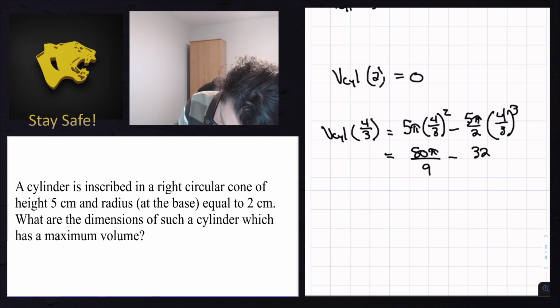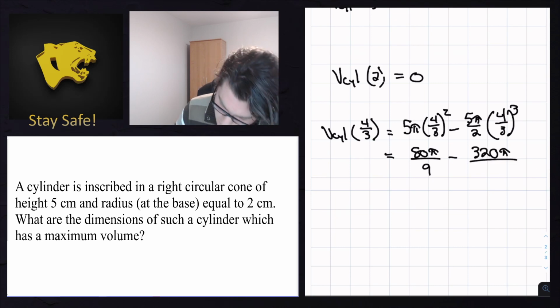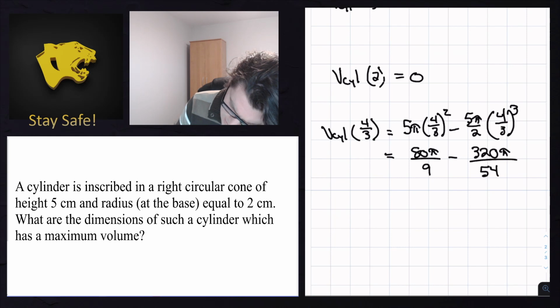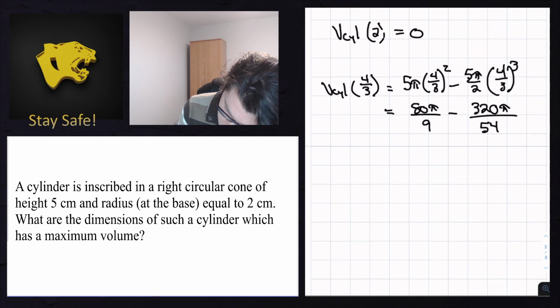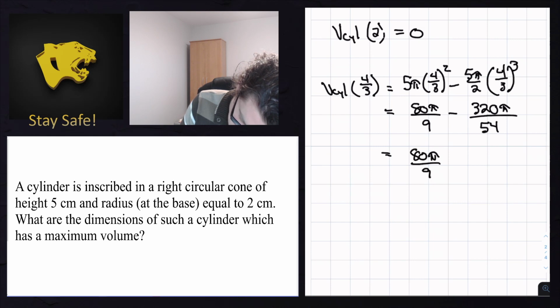So I think it's 320 pi over, and then 3 cubed is 27 times 2 is 54. And there is a 2 in common on that other one. There are no common factors in the first one, so I'm stuck with my 80 pi over 9. I could divide both of those by 2, so get 160 pi over 27.